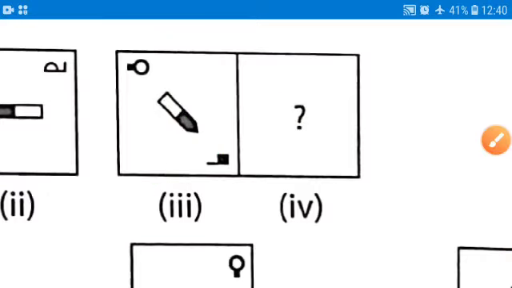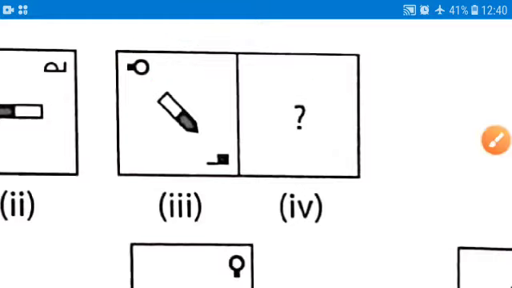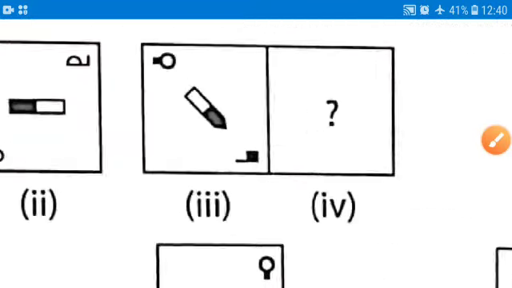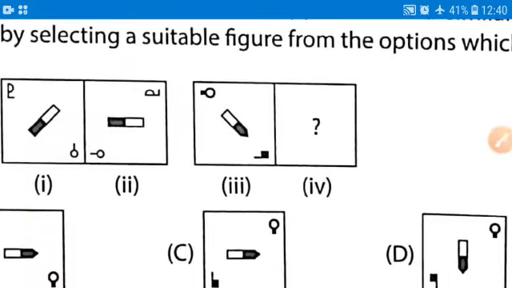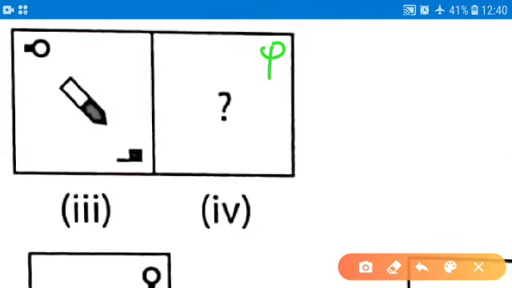And this element will move here, so it will come here, and how much will it rotate? It will rotate 90 degrees anti-clockwise. So it will be like this, and this element is rotating here.